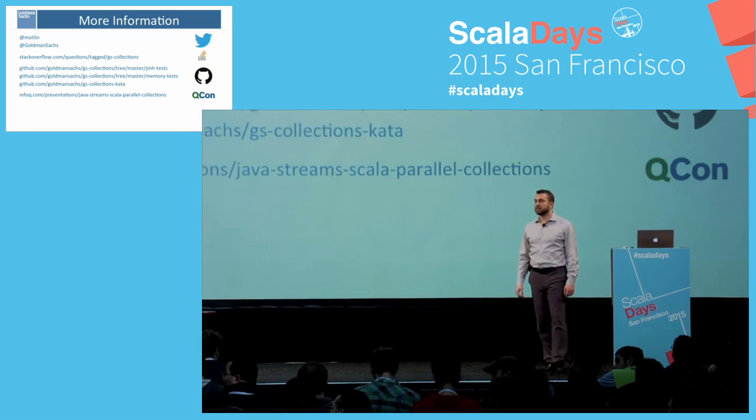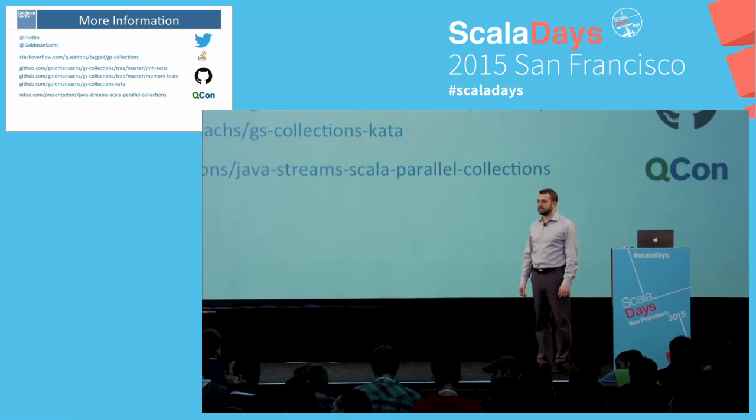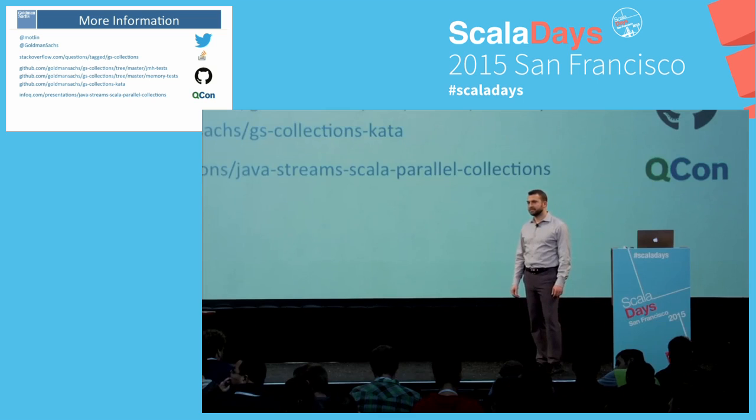So the immutable collections had an old set of maps specialized for integer keys or long keys. But I'm in, I think it was 2.10 or I don't even remember anymore.